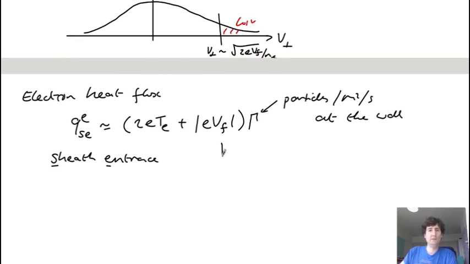So the floating potential, so the sheath voltage, this is roughly 3 times the electron temperature. It depends on the ion species as well, so the ratio of the masses. For deuterium it's about 2.8, so for now we'll call this about 3.